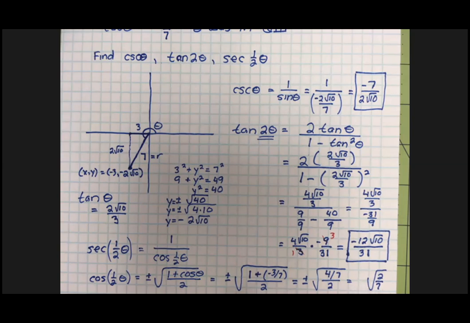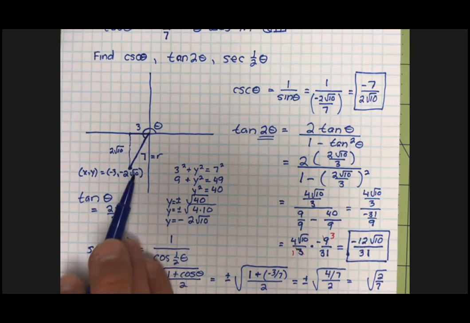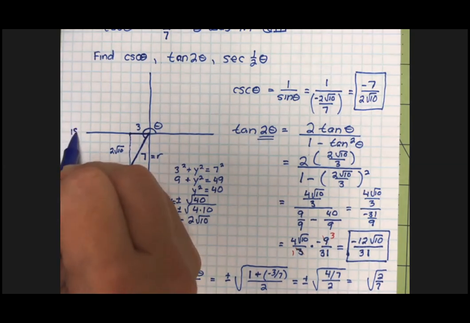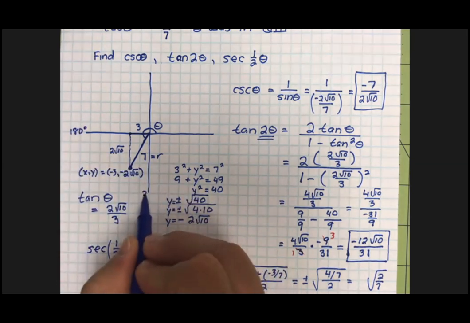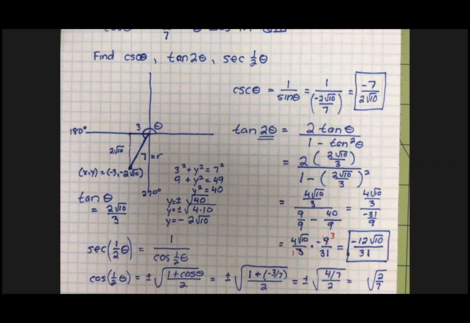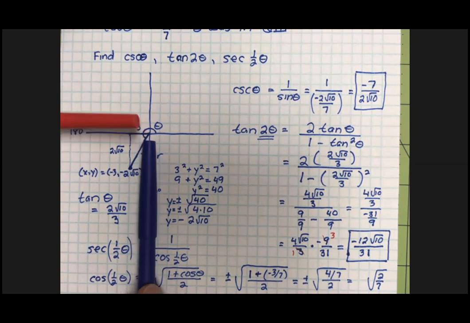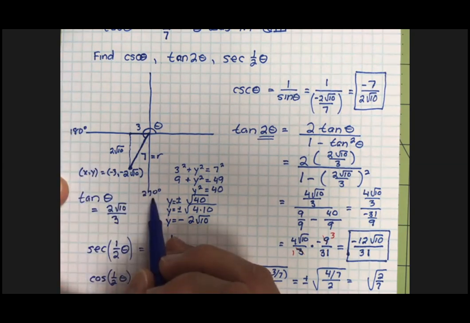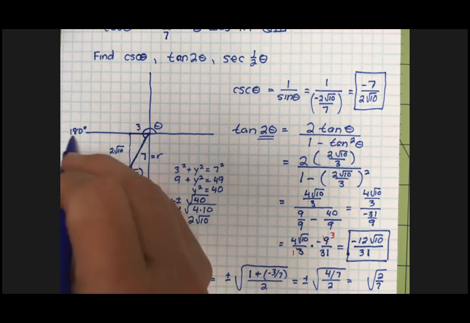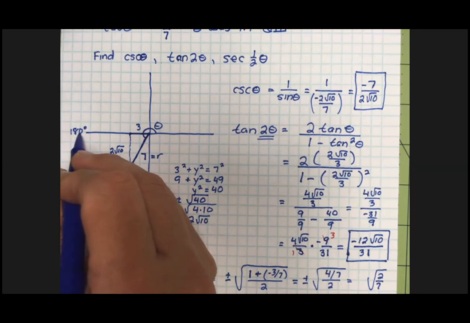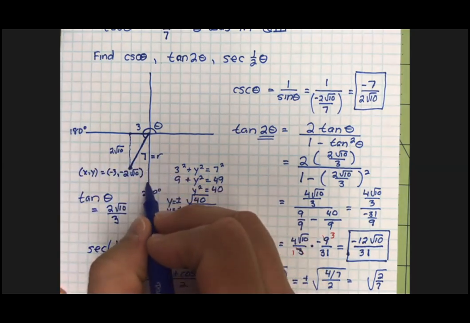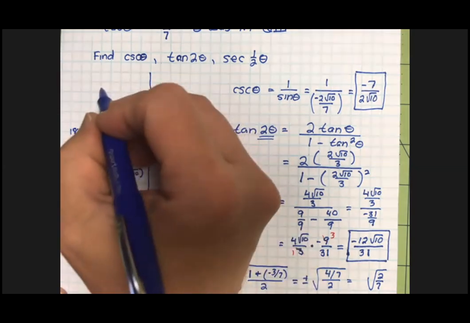Now let's think about this. The angle theta is over here between 180 and 270. So where is 1/2 of theta? If theta is pinched between these two lines, then half theta will be between half of 180 and half of 270. Half of 180 is 90. And half of 270 is 135, which is over here.